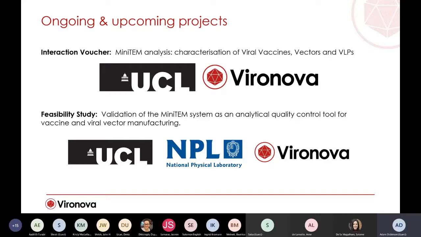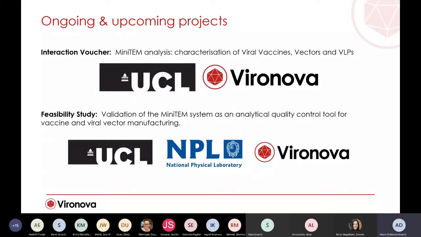The goal here is to optimize sample preparation using non-radioactive negative stains, such as Nanovan and Nano-W, to see the applicability of these and how they compare to the gold standard uranyl acetate. We're also going to be looking to implement and optimize our image processing for characterization of these different particle types.